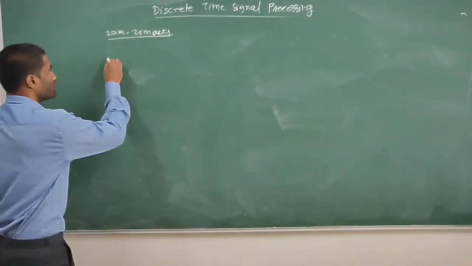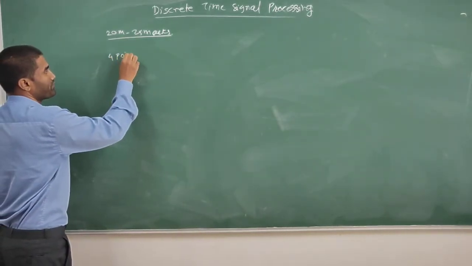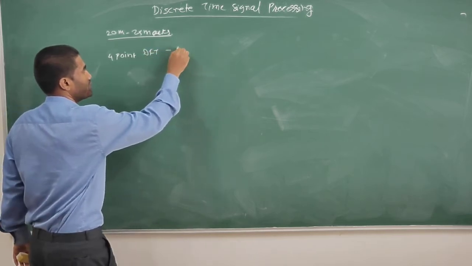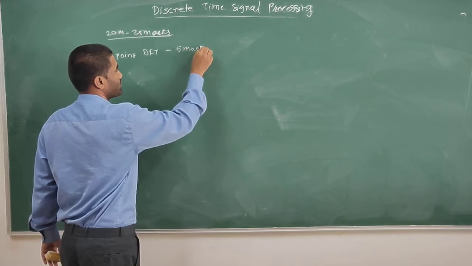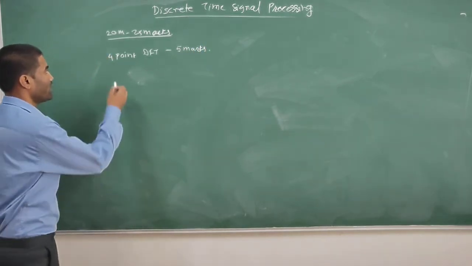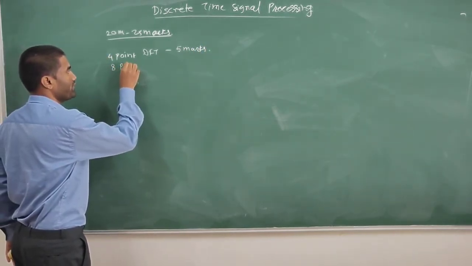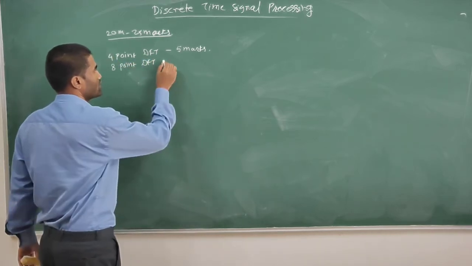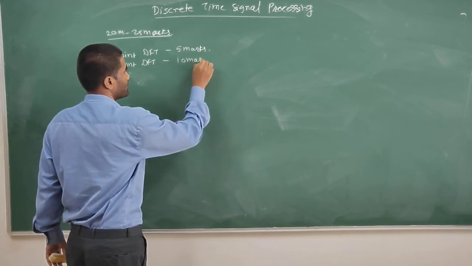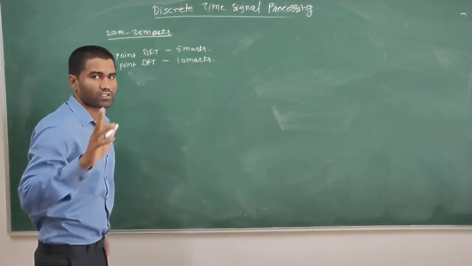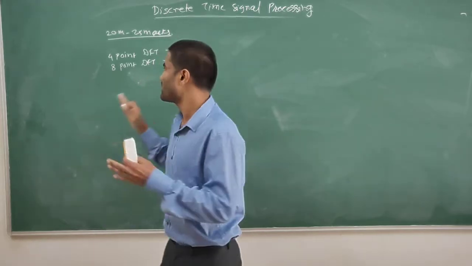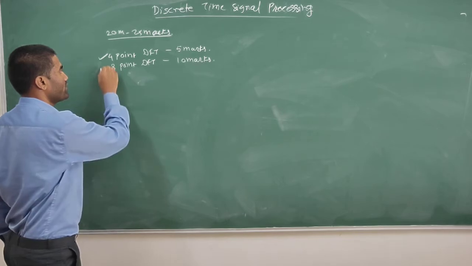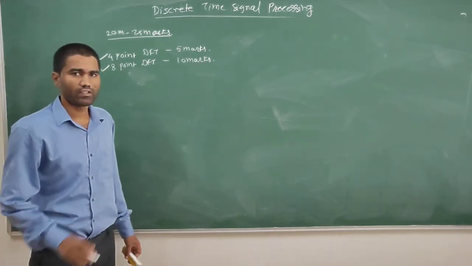If they are asking me the 4 point DFT, then definitely the 4 point DFT is a 5 mark question. This is the first kind of question: they will simply ask you either to calculate the 4 point DFT or to calculate the 8 point DFT. That is the first thing.